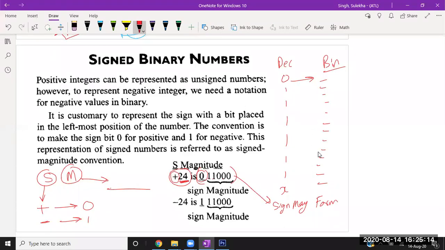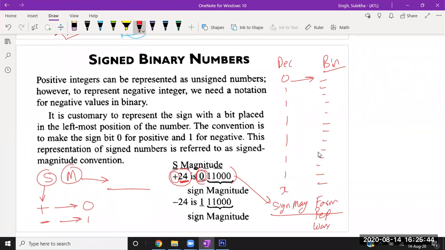Is that clear? You need to indicate that you are not representing an ordinary binary value, you are representing the number in signed magnitude form or signed magnitude representation. So for signed magnitude, if the first bit is 0, you are talking about positive numbers.